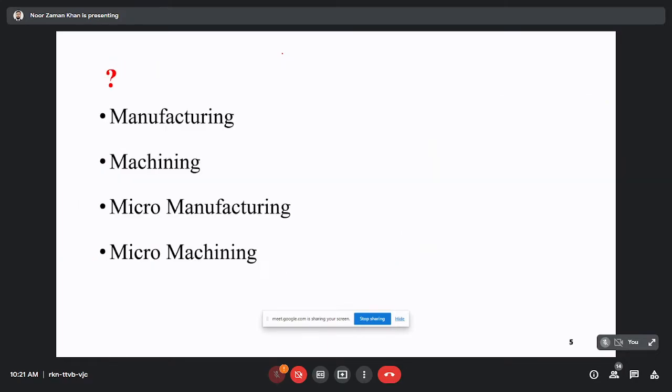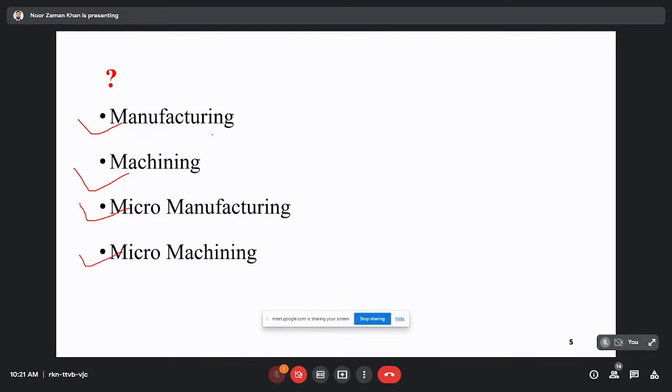This question I have asked many times in my class of manufacturing processes: what does it mean by manufacturing, what does it mean by machining, and what does it mean by micro manufacturing and micro machining? These are four very important terms.